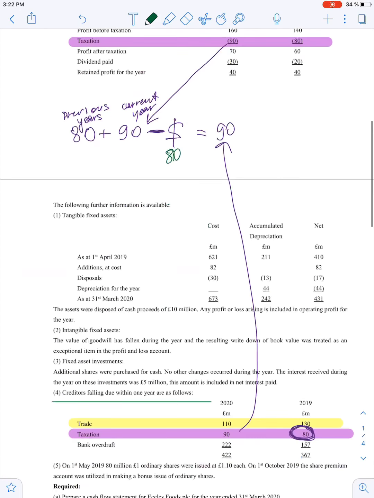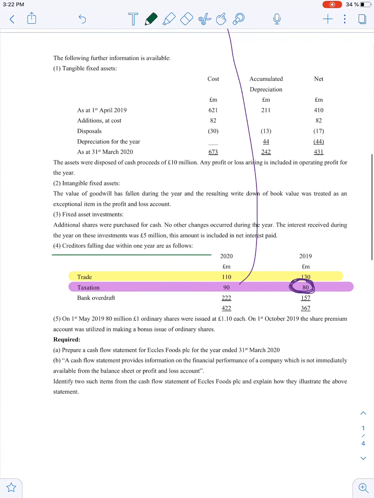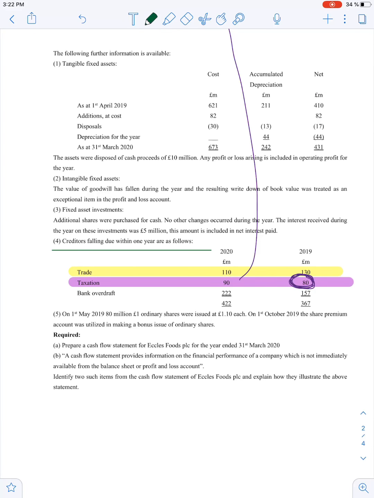Let's refer to note 4 in order to understand what was the interest income, if any. I'm sorry, not 4, but note 3. We are interested in note 3, fixed assets investment, non-current asset investment, I'd better say. We are told that the company purchased some additional shares, which are classified as long-term investments, and during the year the interest received in cash was 5 million.